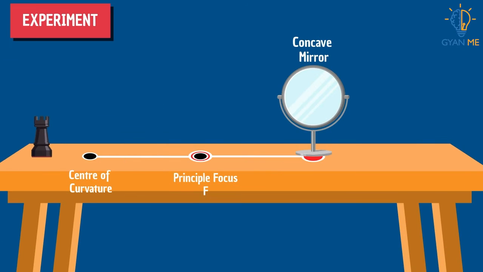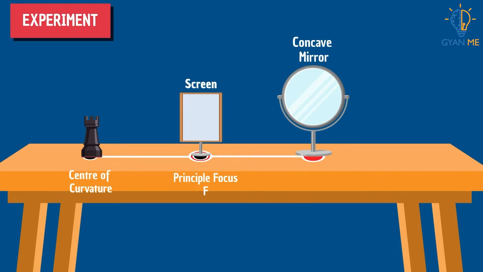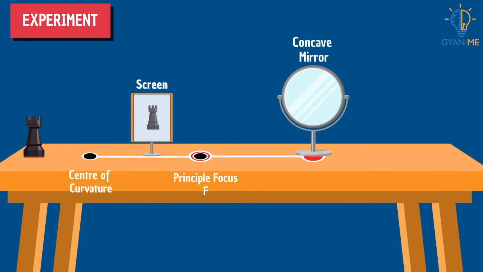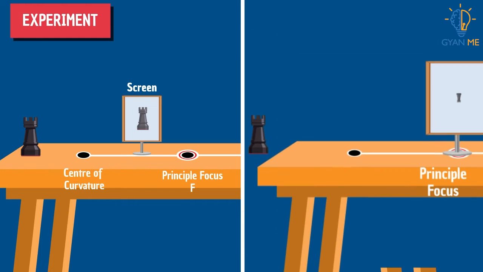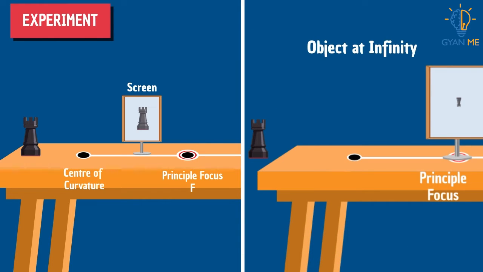So let us denote these points as P, F and C respectively. Now move the object to different positions on this table. Say keep the object at infinity. Then move the object a little closer to the mirror. What do you see? The image formed when the object was at infinity is different from the image formed as we moved it a little closer.